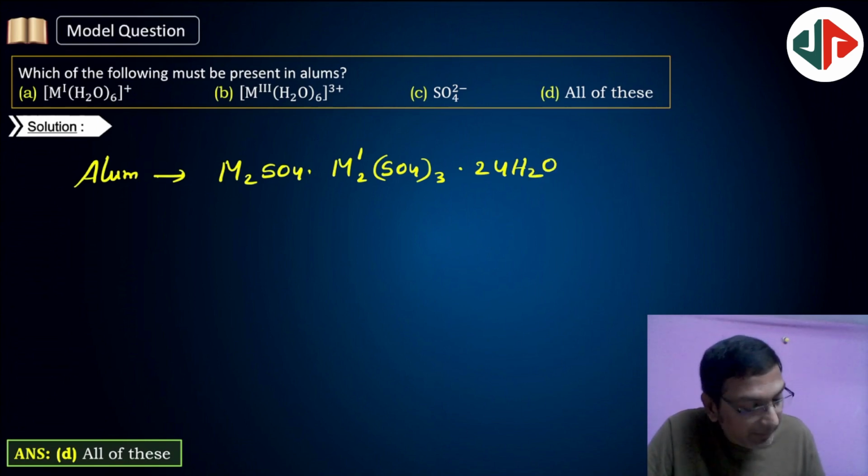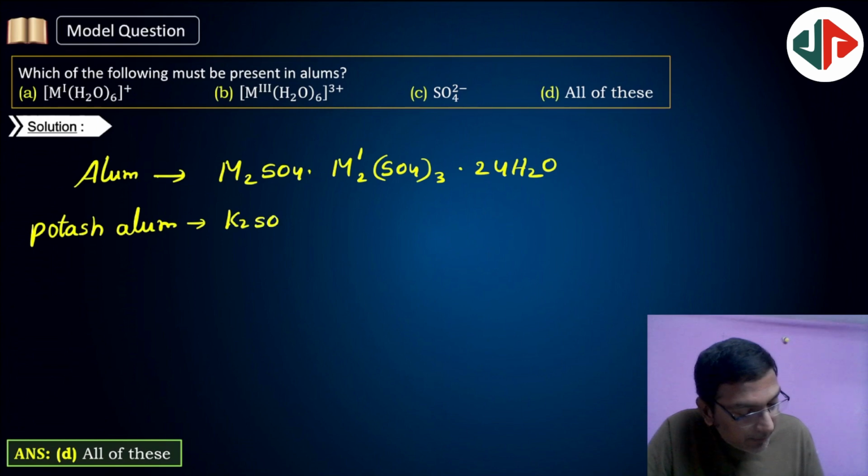So best example, potash alum. Potash alum can be written as K2SO4 Al2(SO4)3 24H2O.